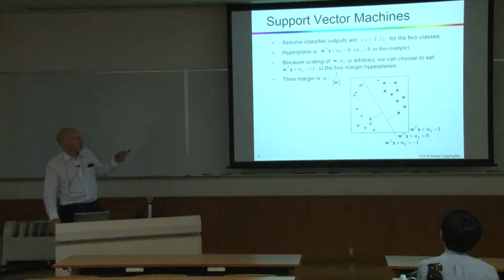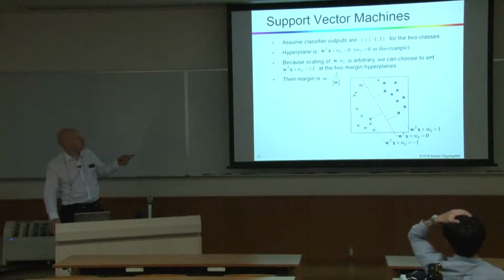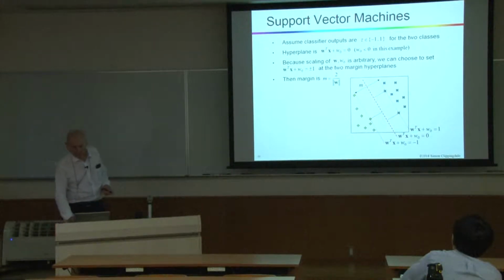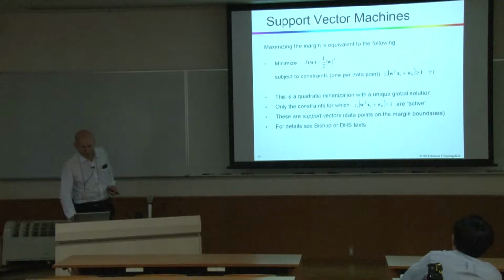Because the scaling of these things is arbitrary, you can choose to set this sum to plus and minus 1 at the two margins. So at this margin hyperplane here, we have this thing equal to -1. It's going to be 0 at the maximum margin hyperplane. It's going to be +1 over at this hyperplane on the other margin.